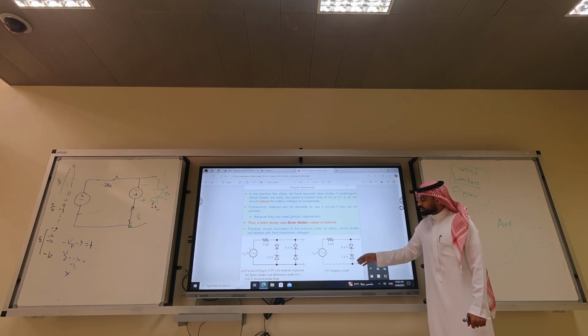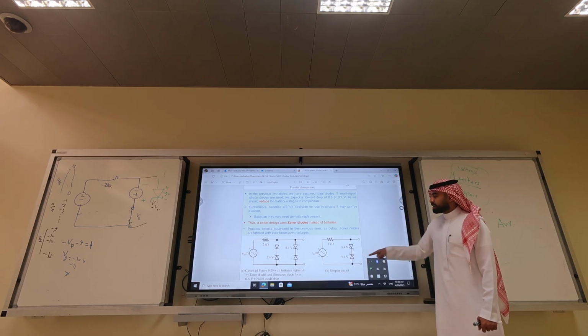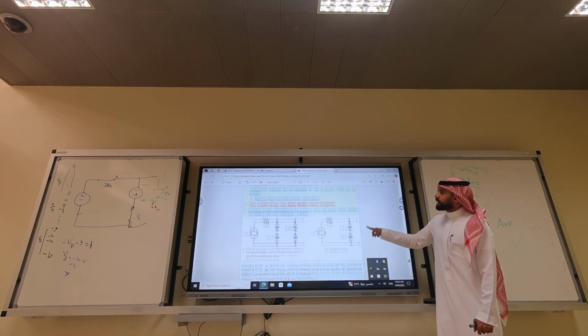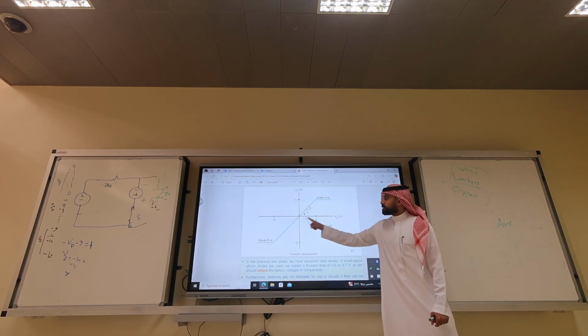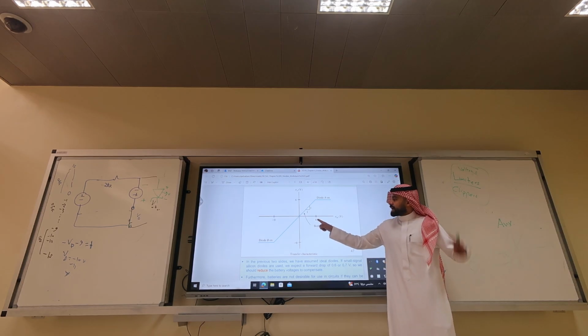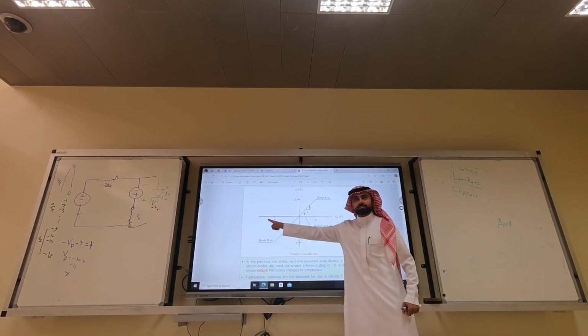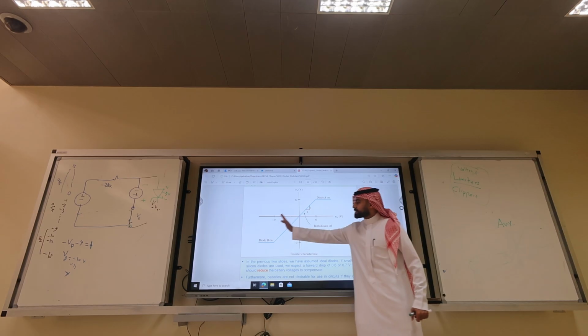If the voltage is below minus 0.9, this diode will be reverse breakdown. This diode will be forward short circuit. And the output will be minus 0.9. This way, this circuit will give you this input-output characteristics. In my example, this was 3 and minus 3. Now it's 6 and minus 9.